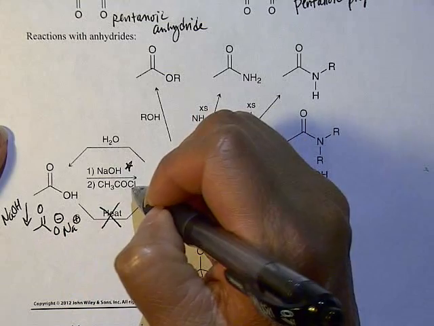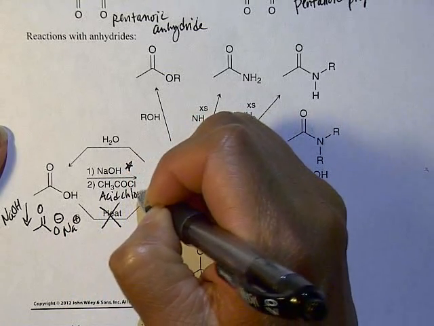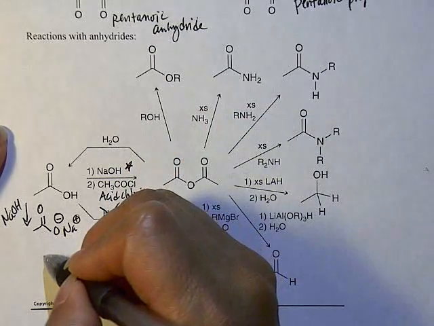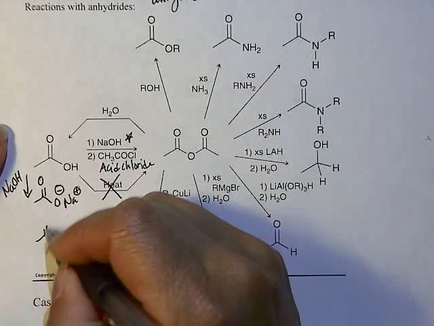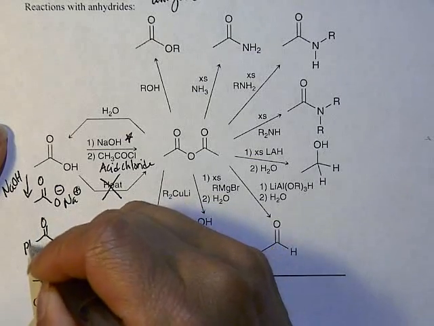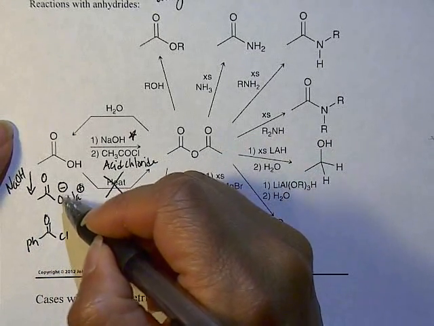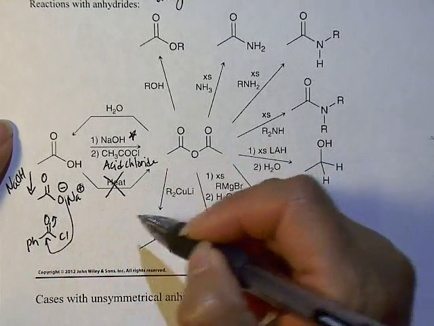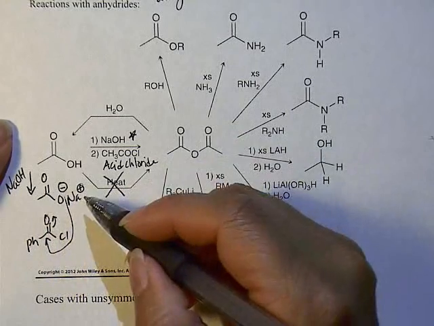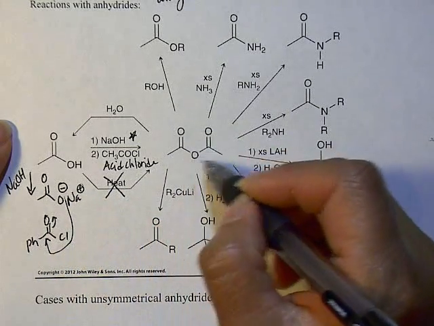Then you react it with some kind of acid chloride, because you know that acid chlorides are very reactive. So if, for example, you want to react with this chloride, then this is the nucleophilic center that's going to attack, form the tetrahedral intermediate, come down and make the chloride leave, and then you have the anhydride.